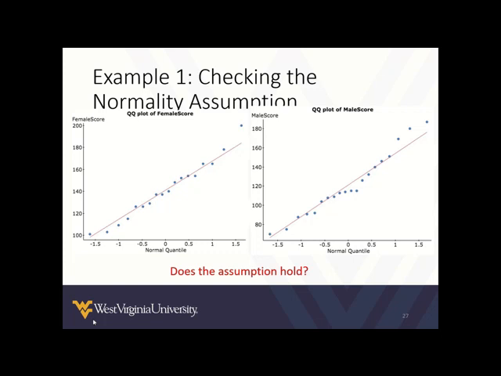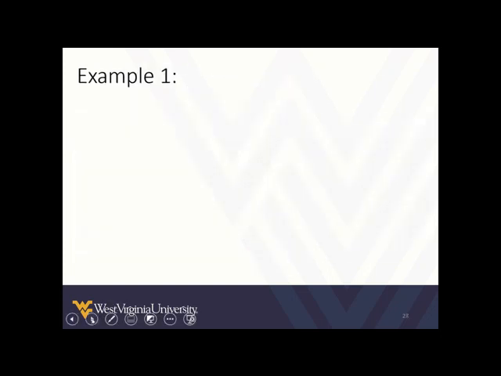Is the male score as ideal as I'd like it to be? No, but overall, it does stay pretty close to the line. And while we do have a dip here, we also have a dip here, so it's not strictly above the line or below the line. So like I said, I'm going to say it's normal enough. And this is particularly true when we work with real data. So now we can continue with our hypothesis testing.